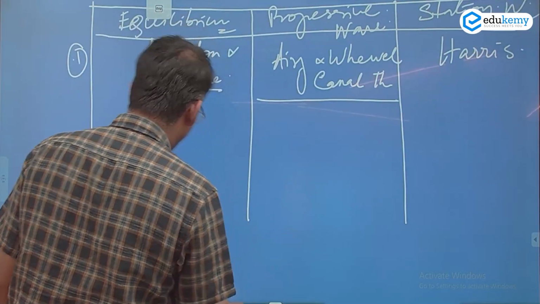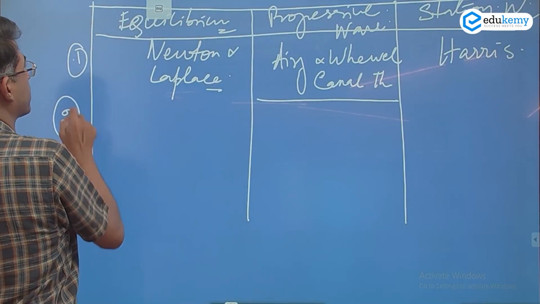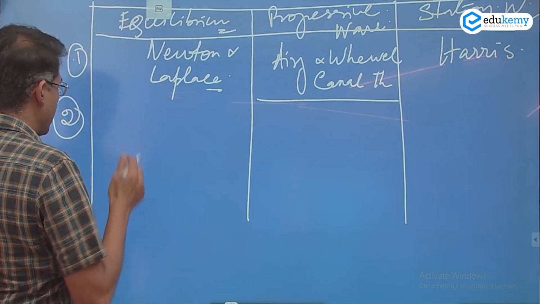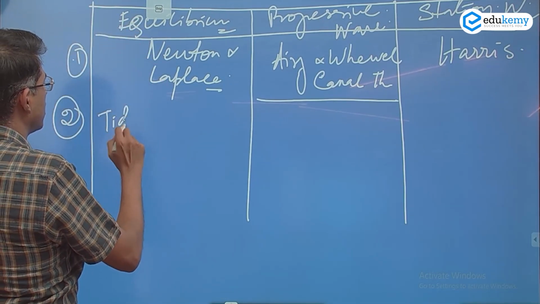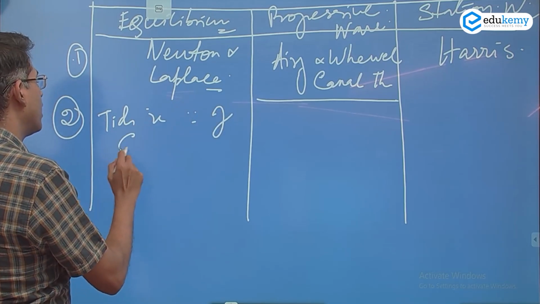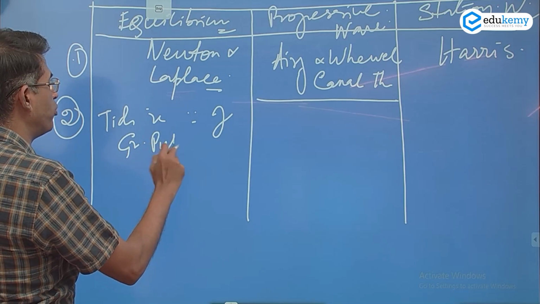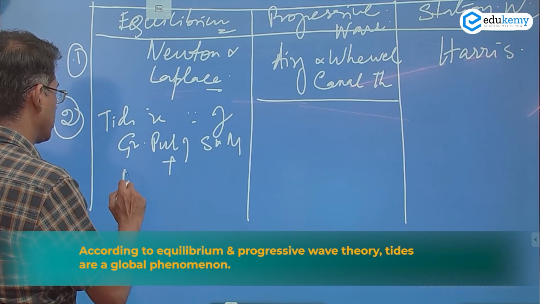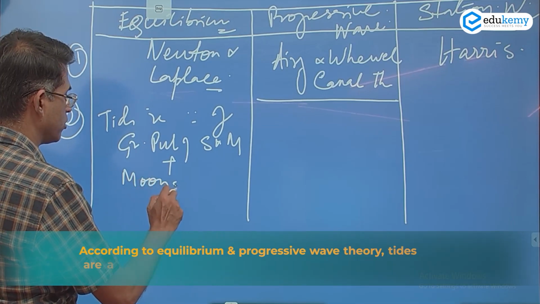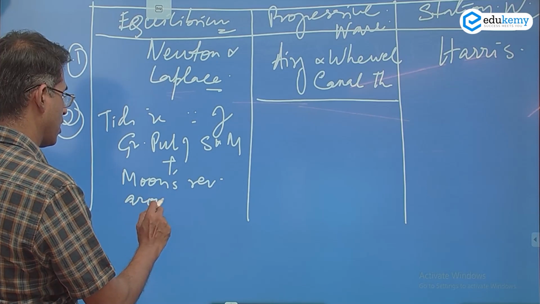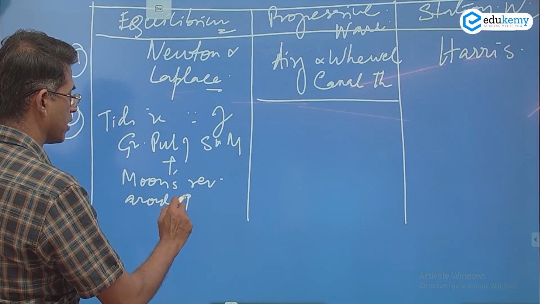Now, what is the fundamental difference between the three? Equilibrium theory says that tides are because of the gravitational pull of sun and moon plus the moon's revolution around Earth.